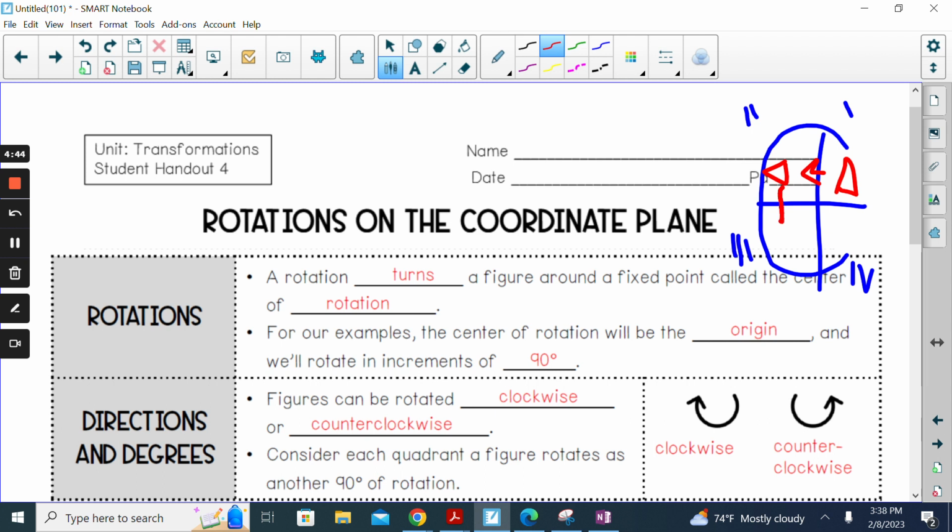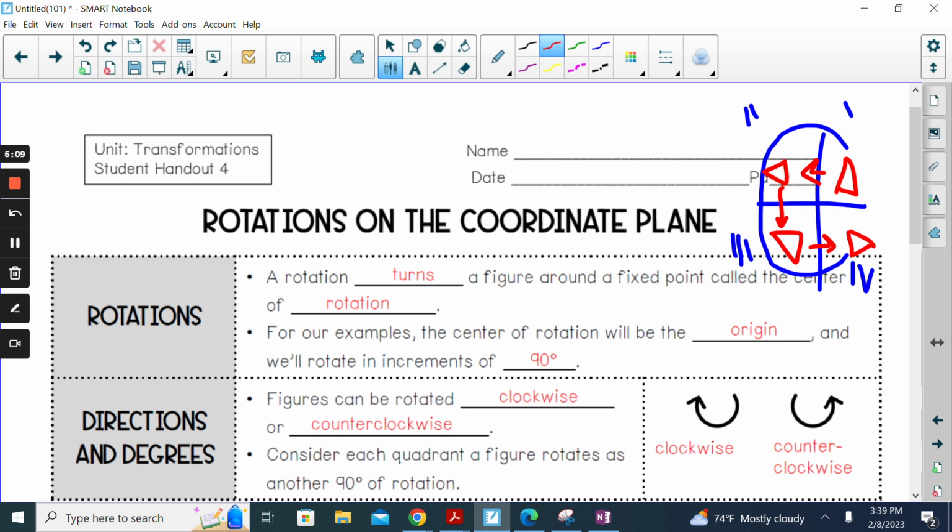And then you turn it again. So 90 and 90 make 180, and it's going to look like that. And then when you turn it again, another 90 degrees, 90 plus the 180 we've already turned make 270.